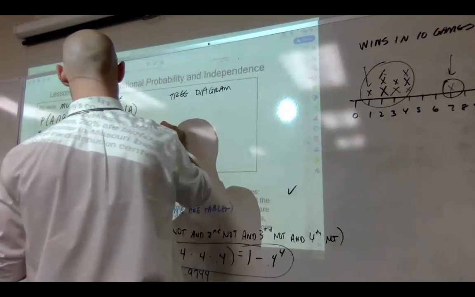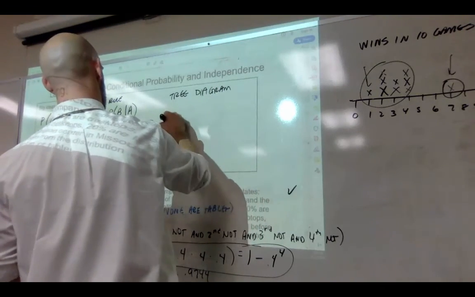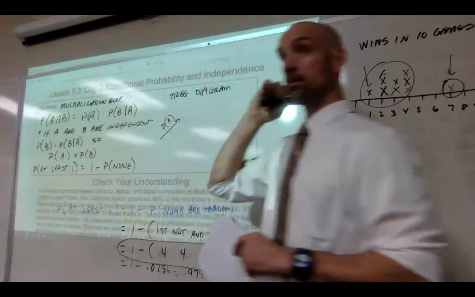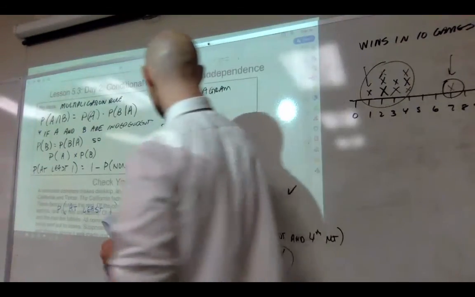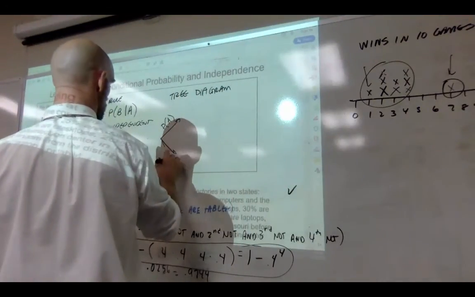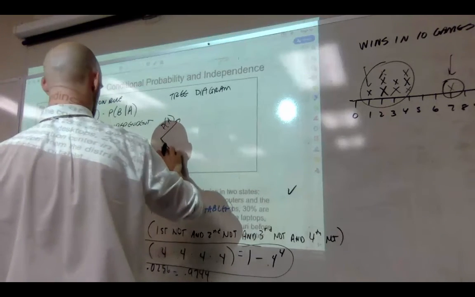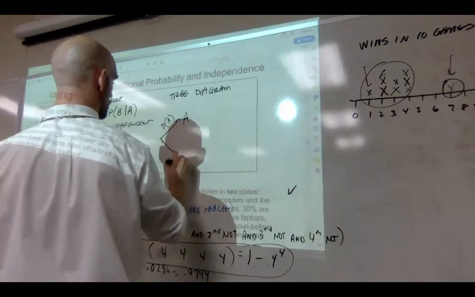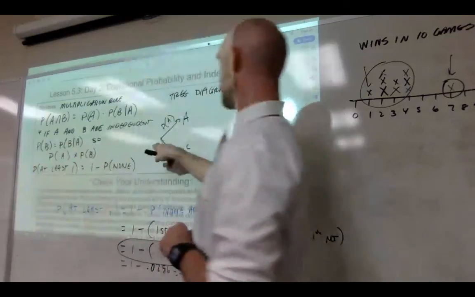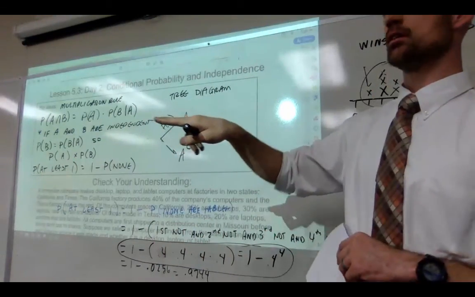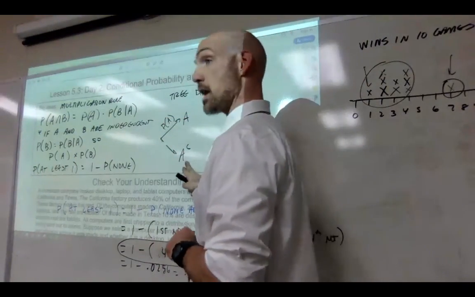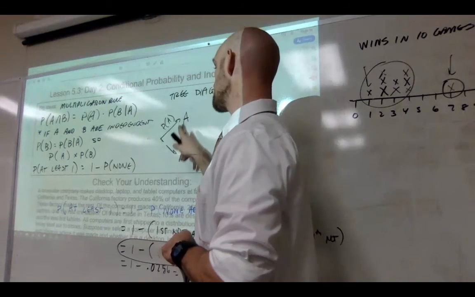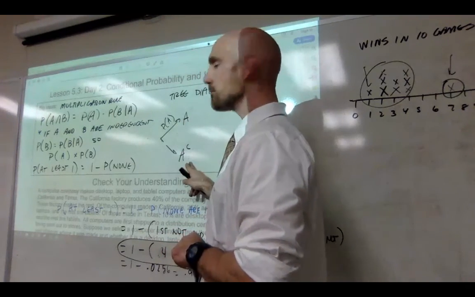And just a quick review of our tree diagram. We've got our branches. Our branches split off to begin with to A and the complement of A, as in ace or king.